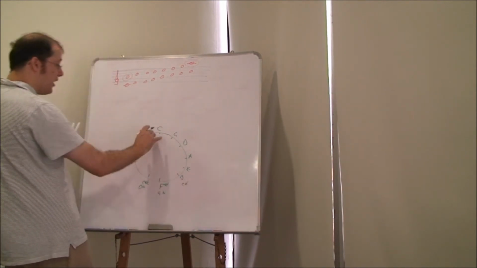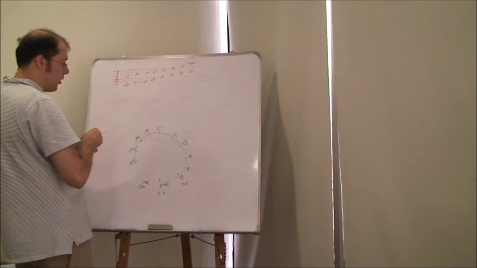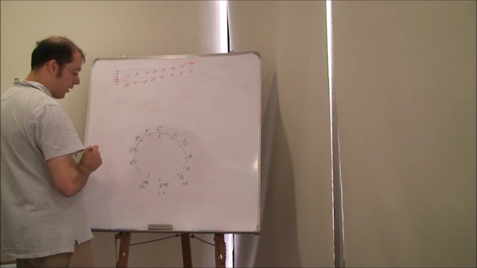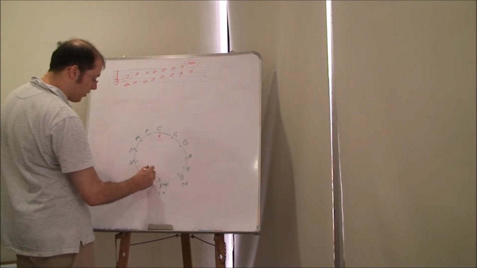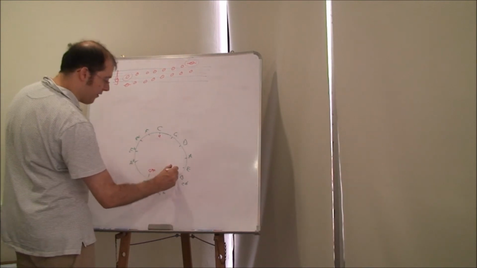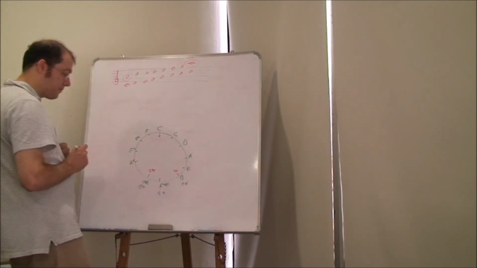Each key has an associated minor. So for C it will be A. Obviously for C sharp it will be A sharp, and for C flat, similarly, it will be A flat.